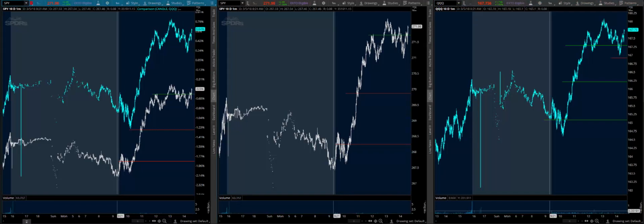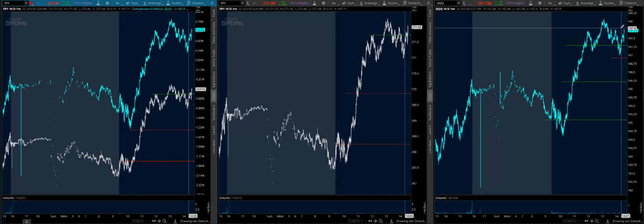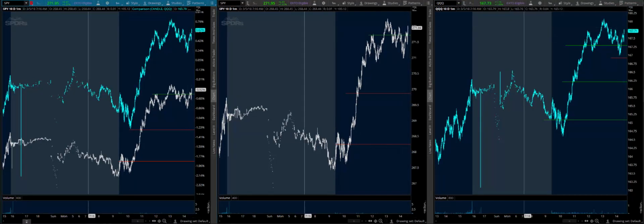Okay, so as you can see here, we've bounced off of this level, and we're at a level that I'm a little bit concerned about right now. I'm really not sure. I'm just going to watch this level very, very carefully. We really kind of bumped up into it pretty quickly, and I think we're going to be okay.